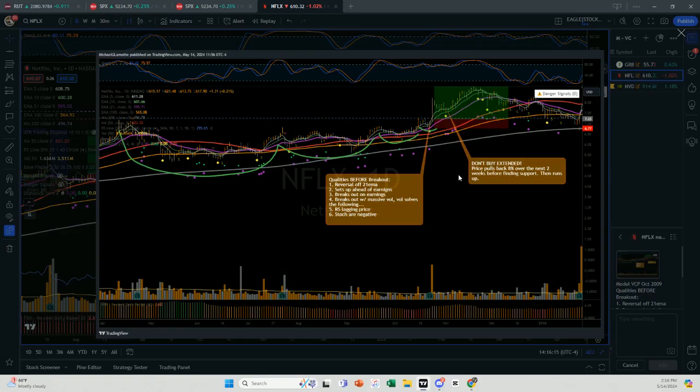Right, so this was Netflix. Netflix was similar, but with Netflix, you could have even drawn the line down here. Okay, so there was virtually just one touch, and then it breaks out. Well, if you drew the line from where my mouse is going across, do you see the mouse moving?